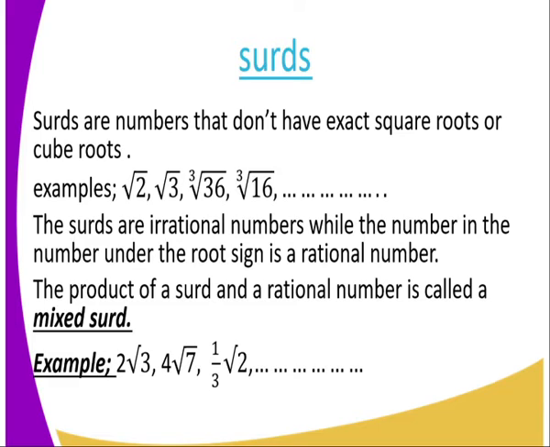The surds are irrational numbers, while the number under the root sign is a rational number. The product of a surd and a rational number is called a mixed surd, like the ones that you can see there: 2 surd 3, 4 surd 7, and surd 2, and many others.